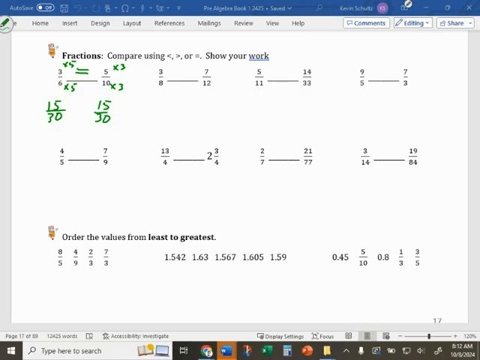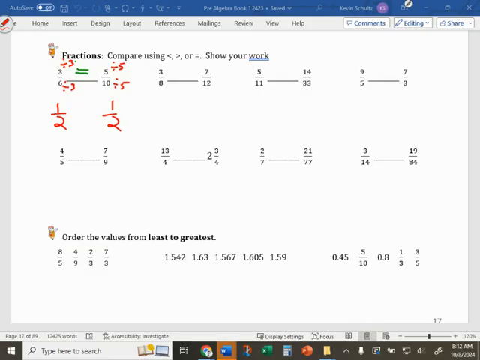What if instead of multiplying to get a common denominator, we divided to simplify them? If we divide by 3 and divide by 3, we get 1/2. If we divide by 5 and divide by 5, this is how we get greatest common factor, right? We get 1/2, we can see they're equal there too. Alright? So, a couple different strats there.